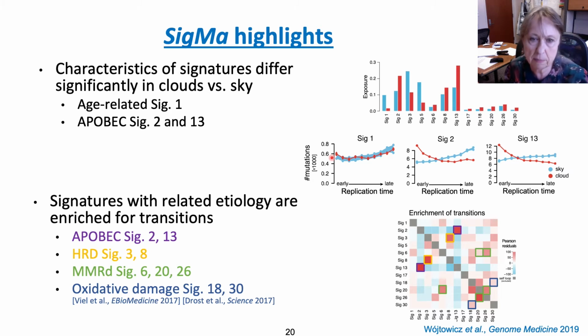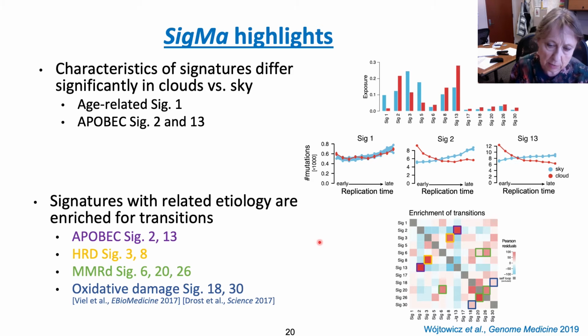When you look at this dependency by comparing the mutations that are in the sky, which are blue, and in the clouds in red, then for some of the signatures, those dependencies are very different. For signature 1, skies and clouds behave in the same way. But for signature 2, you can appreciate that early replication regions are enriched in the cloud signatures, while the late replication regions are enriched in the sky signatures.